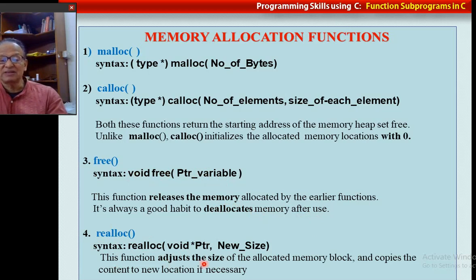This function adjusts the size of the allocated memory block, and copies the contents to a new location if necessary. Suppose you have got more numbers, so you can use realloc and create bigger space to store your data. Those are the four memory allocation functions. Please be clear of these and understand this: malloc, calloc, free, and realloc.